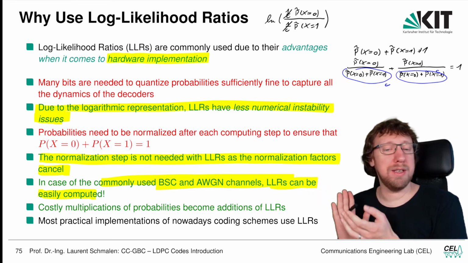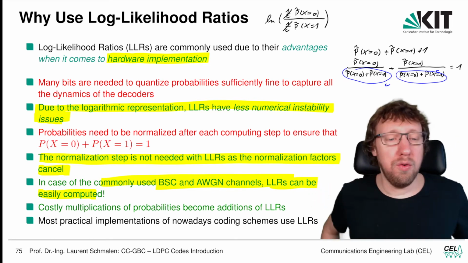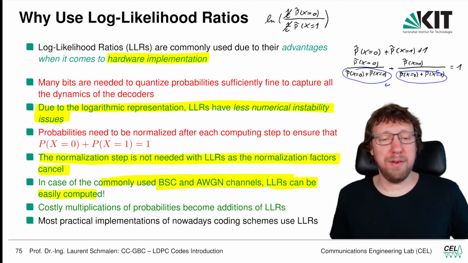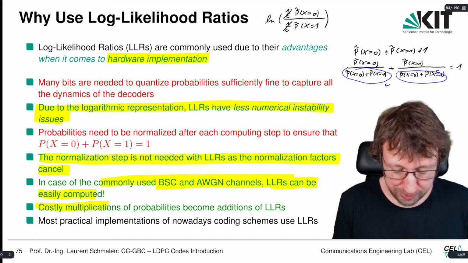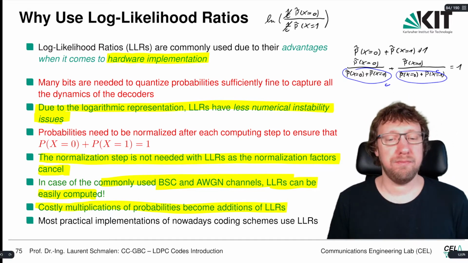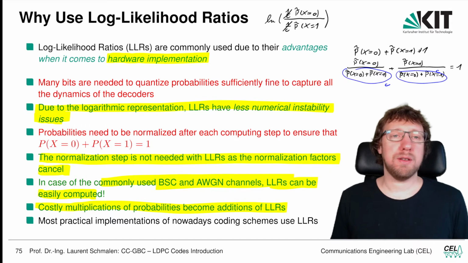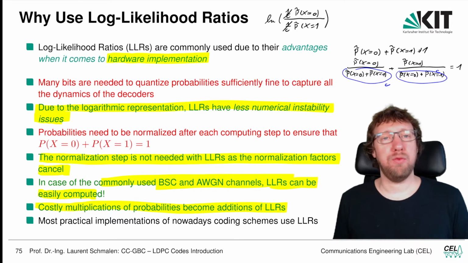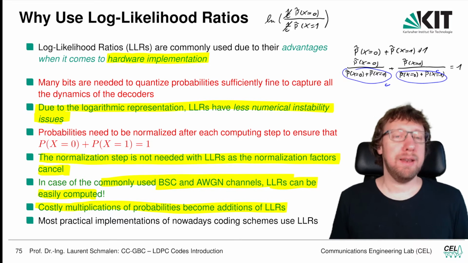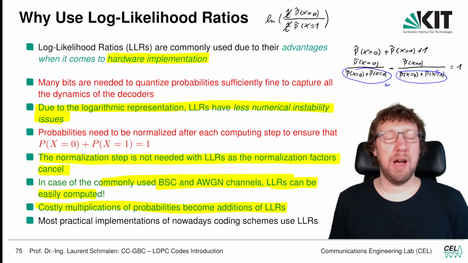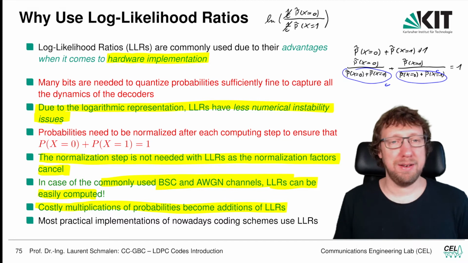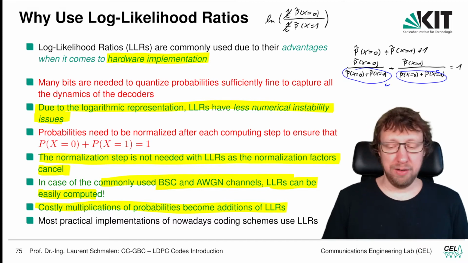And we know additions are nice. So multiplications become additions. That's another advantage. Because of these advantages, most decoders that we see today in practice use log likelihood ratios. I would even go as far as to say 99.99% of implemented decoders use log likelihood ratios.